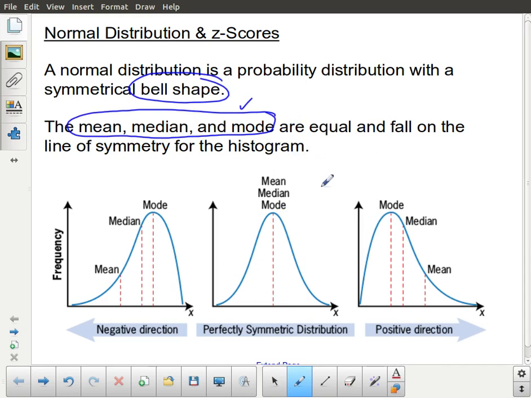Normal distributions are very common in natural processes. So a lot of experimental data in the real world would be normally distributed. There's a lot of stuff you can do in psychology that could be normally distributed.